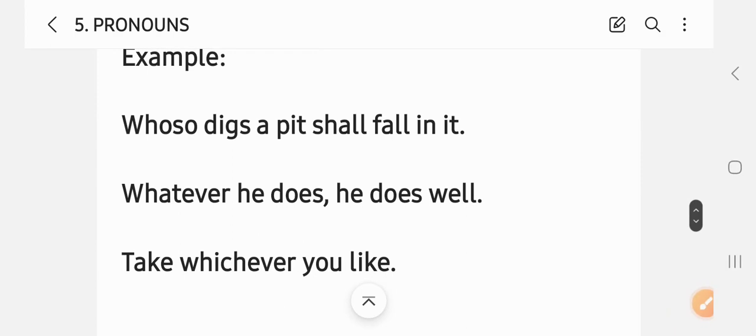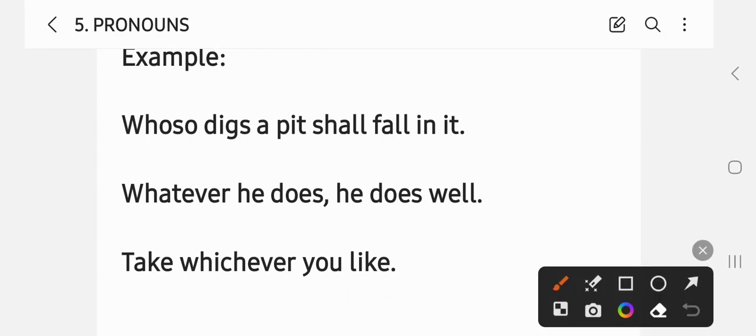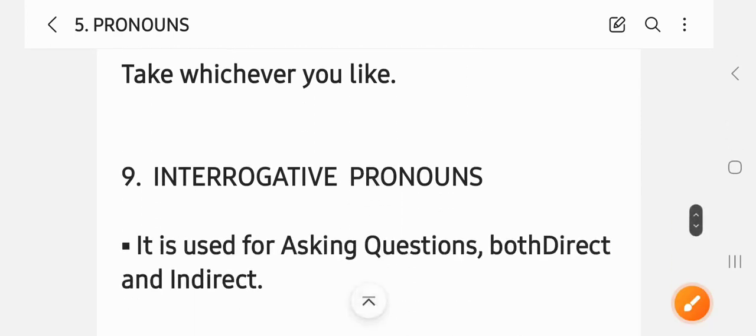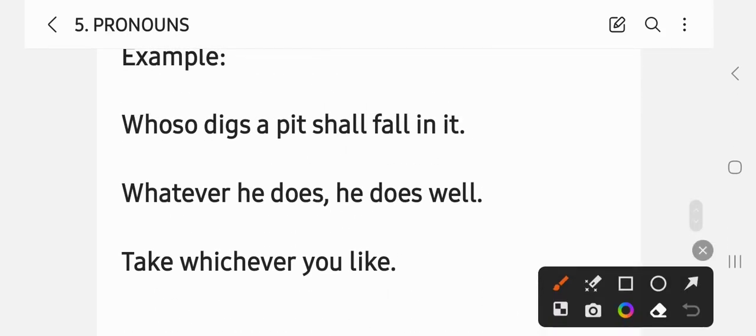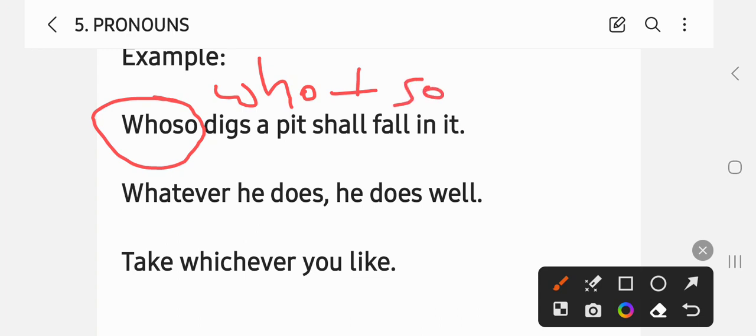Let's have a look at the examples. Whoso digs a pit shall fall into it. Now, if you have a look at it, the word whoso is a compound relative pronoun because there are two pronouns joined together, who plus so.